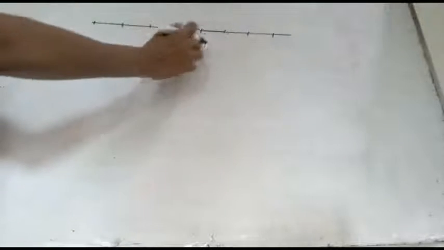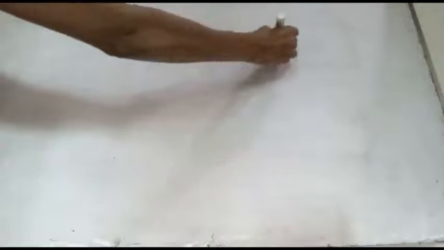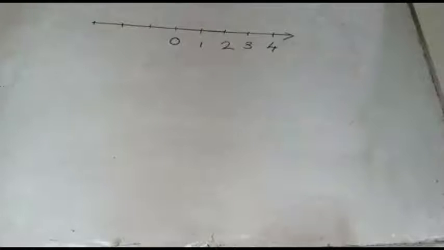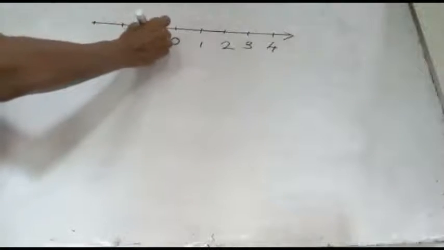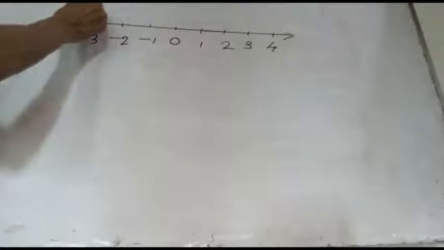Here, write positive 1, positive 2, positive 3, positive 4. And negative numbers as positions to the left of 0: negative 1, negative 2, negative 3.